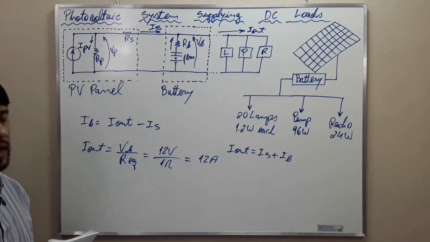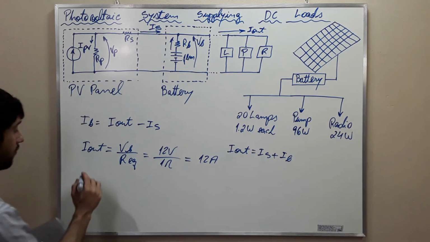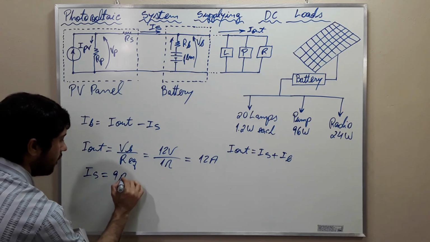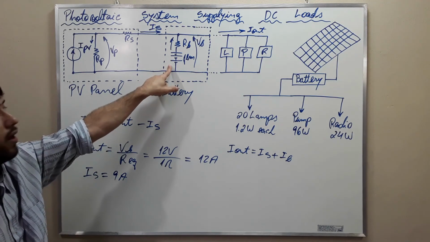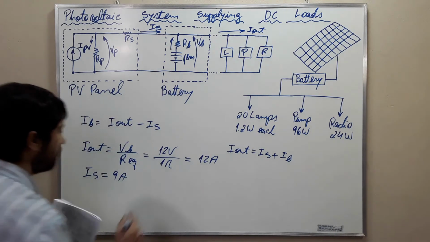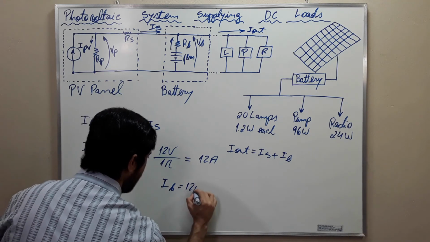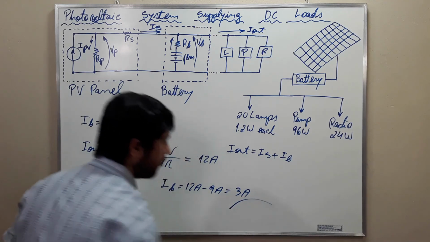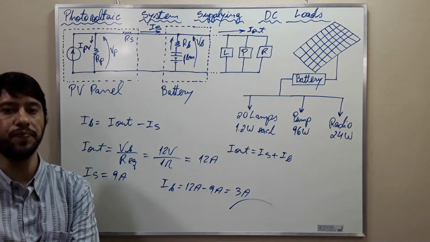Now that we know I out and we know that the exercise gave us the value of IS equal to 9 amperes, then the current that the battery is supplying to the circuit is IB equal to 12 amperes minus 9 amperes, which is equal to 3 amperes. Very simple, isn't it?